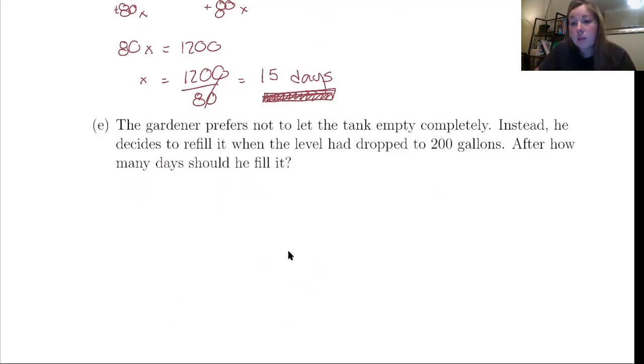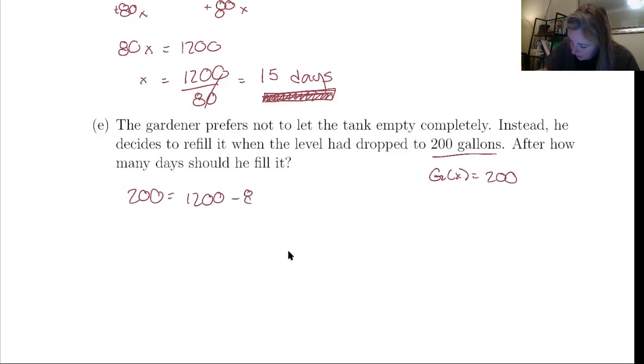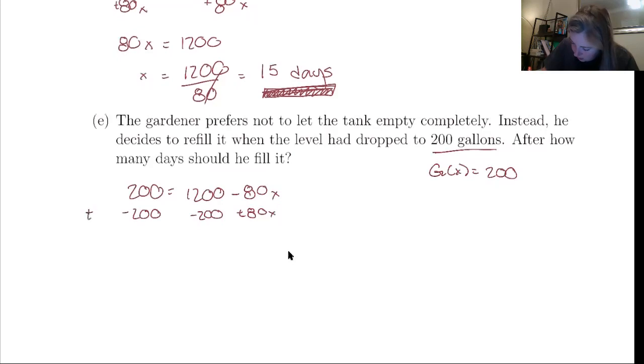So now we're not talking about when G of X equals 0. We're talking about when G of X equals 200. So we're going to do the same thing, but now we just have 200 over here. So now we can subtract 200 onto this side, and add 80 onto the other side, just keeping everything positive. So I have 80x equaling 100.